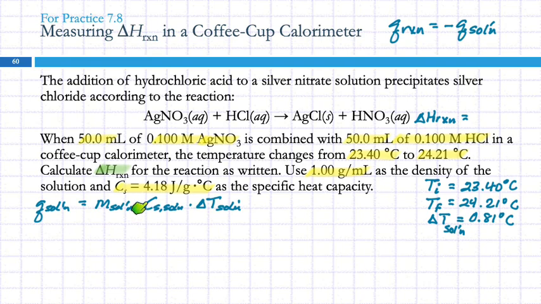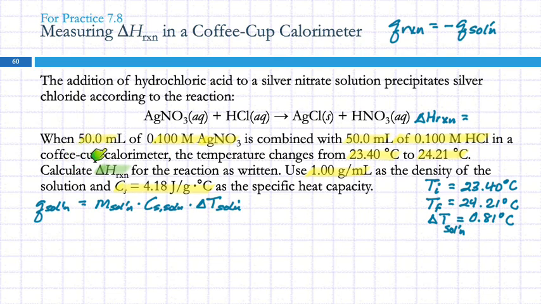And we're given the specific heat capacity, it's right there. So the other thing we need is the mass of the solution. Well, they didn't tell us what the mass was, but they gave us information about the volume.